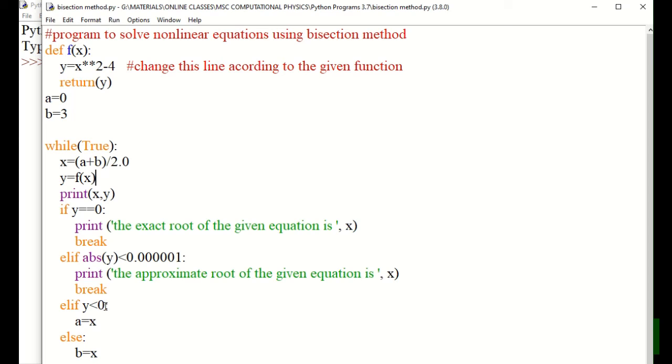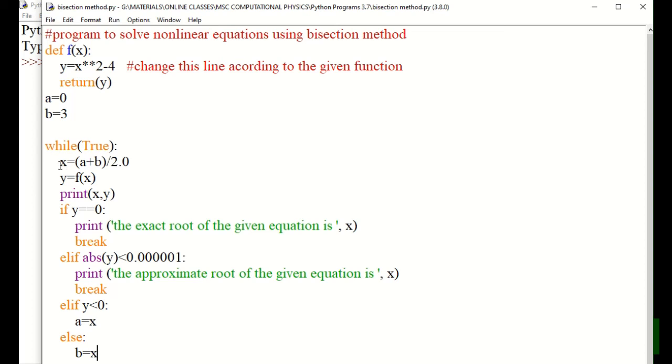If y is less than 0, you have to replace the lower limit a, so we write a is equal to x. Otherwise, the only remaining possibility is y is greater than 0, so you just replace b with x. This loop will execute infinitely as long as either of these conditions is not satisfied. So as long as these two conditions are false, the loop will continue. This is how it works.